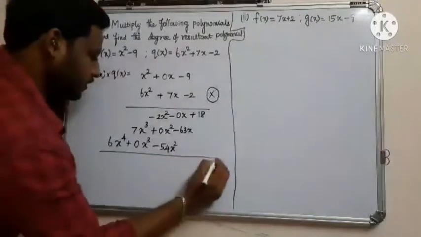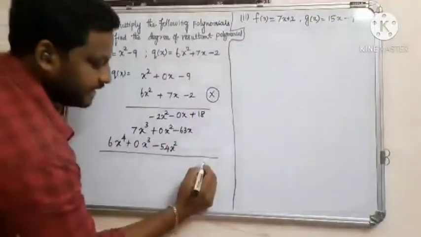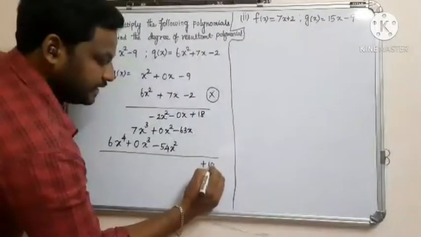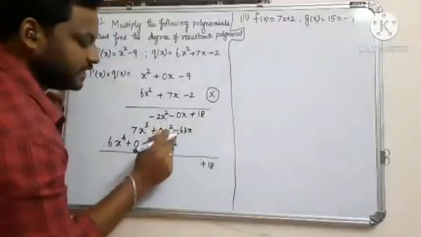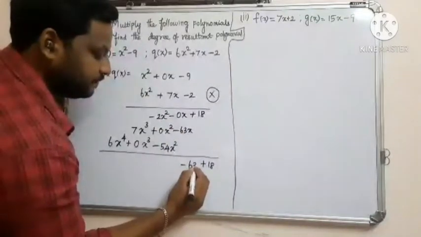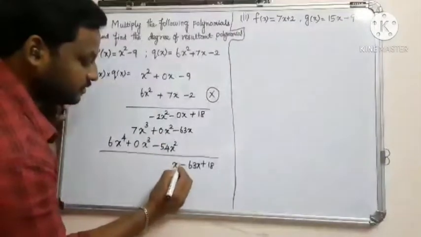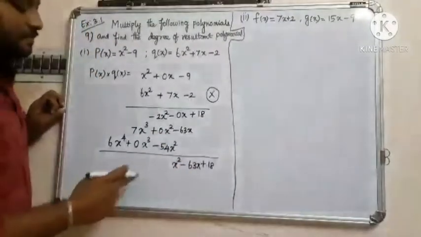Now you have to add all the terms. First term is 18, that is plus 18. Both are minus, so minus 63 plus 0, that is 63x. Here x square is a common variable.